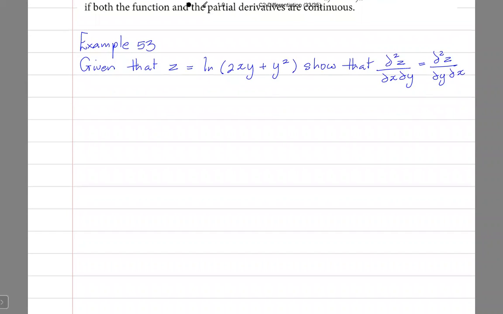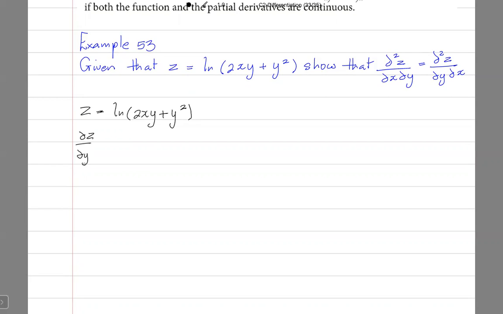Example 53 says given that z is equal to ln(2xy + y²), we're to show that ∂²z/∂x∂y is the same as ∂²z/∂y∂x. So ∂x∂y means that I must differentiate partially with respect to y first, and then partially with respect to x last.